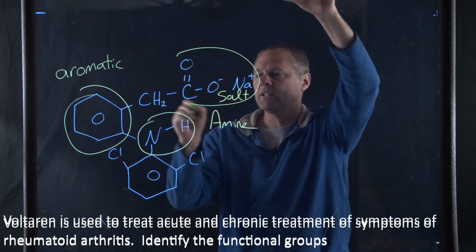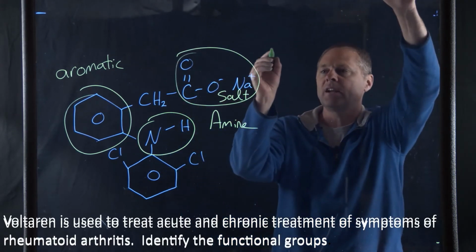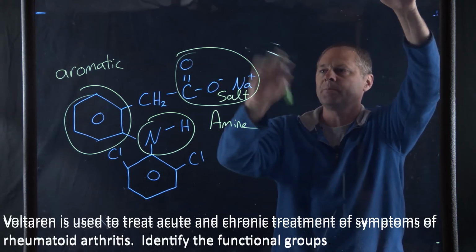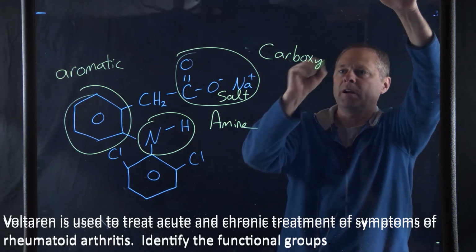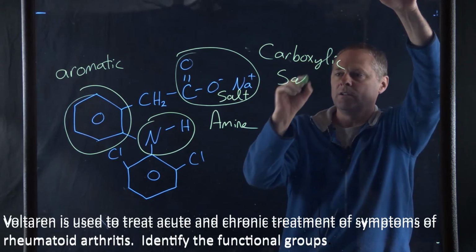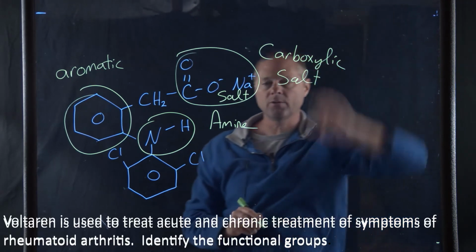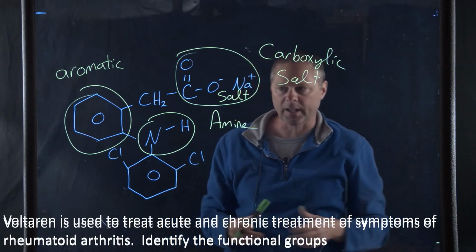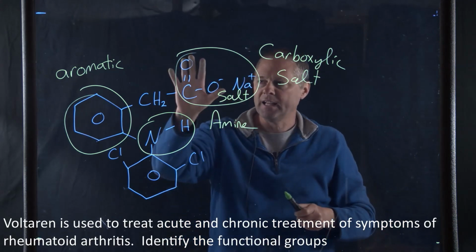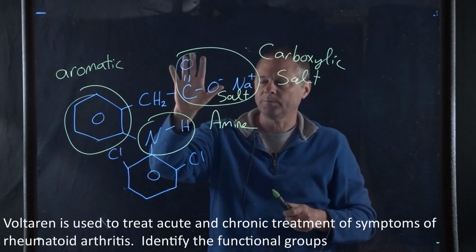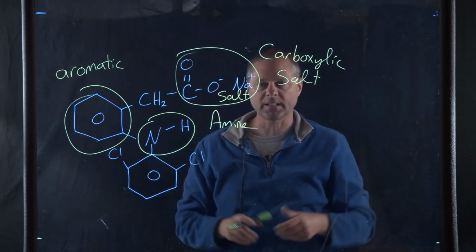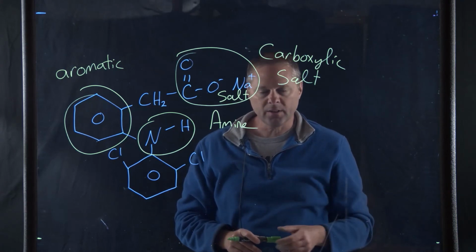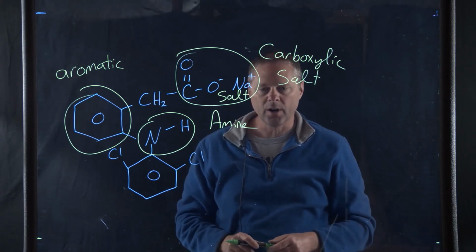And so this entire entity is a carboxylic salt, or sometimes referred to as the salt of a carboxylic acid. This happens to be the anion, the carboxylate. This happens to be the cation, so this is going to be a carboxylic salt. If you have any other questions pertaining to this chapter, please let me know.